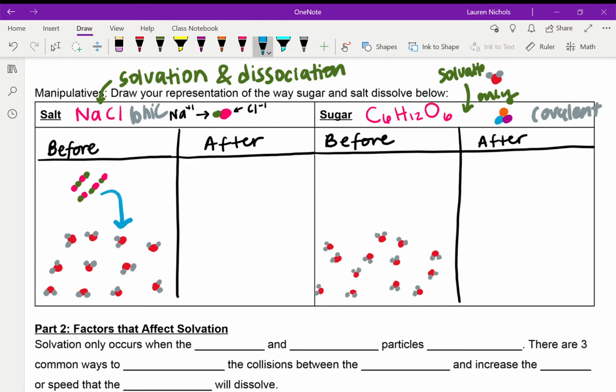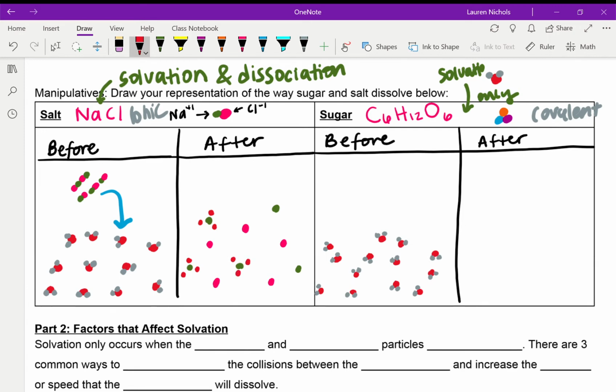And so if we're adding this salt into our water solution, what's going to happen is that our pink chloride ions, so we drew 1, 2, 3, 4, 5 of them, these 5 are going to be separated from our green sodium ions. But the way the water orients itself is that the oxygen is always going to be what is near the positive sodium.